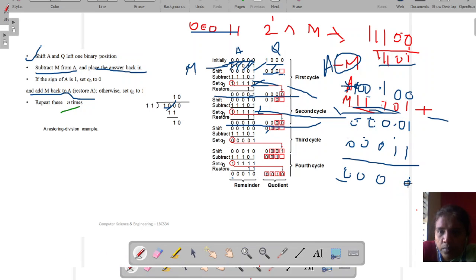Restore is shifting and subtracting, and the result is placed directly here. Redoing the addition: 0 and 1 is 0 with carry 1, then 1 1 0 1 and 1 1 is 0, and 1 1 1 is 0 and carry 1.